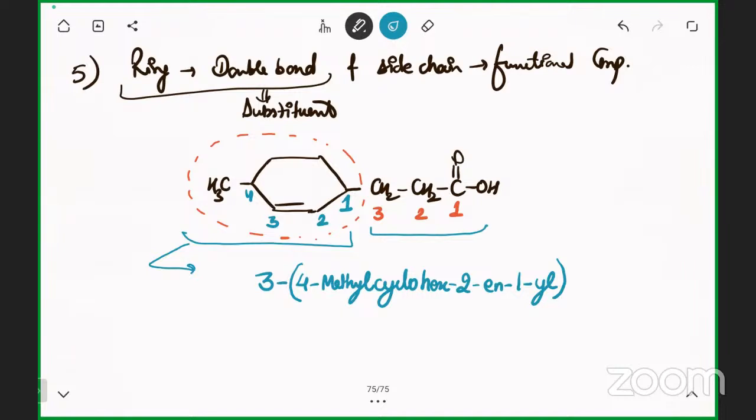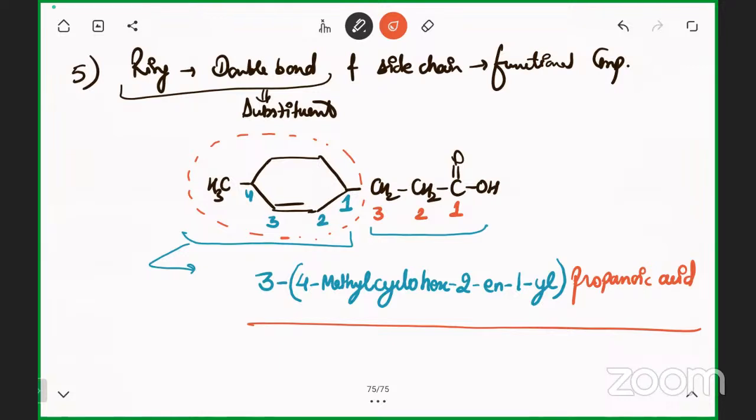Then you will write the name of the parent chain. The parent chain is having 3 carbon. For the 3 carbon, what do you use? Propane. And since the COOH group is present, you'll write oic acid. So the name will be 3-(4-methylcyclohex-2-en-1-yl)propanoic acid.